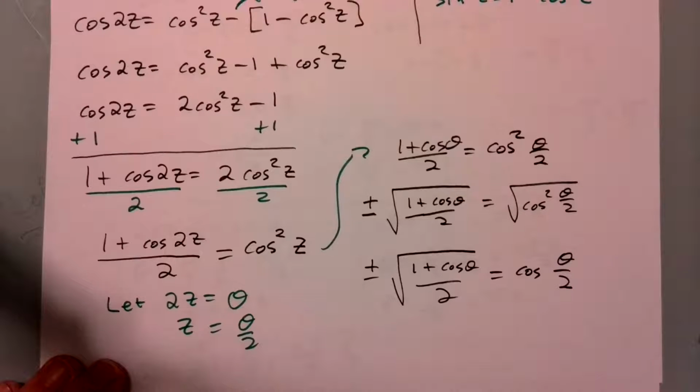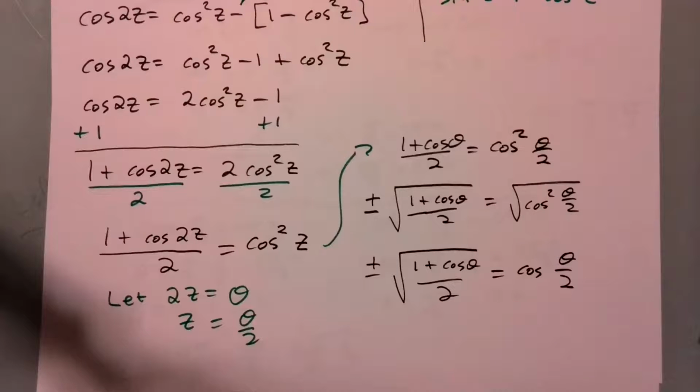That's certainly going to put you in the second quadrant, in which case it would be negative. So think about what this will be, to determine whether it is a positive number or a negative number.